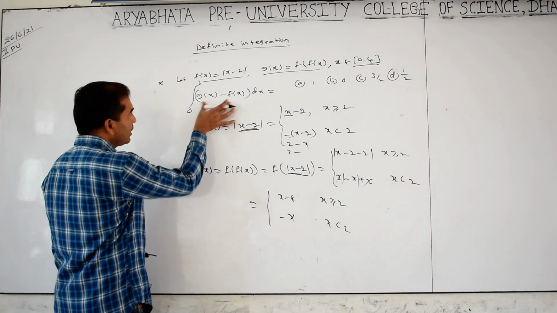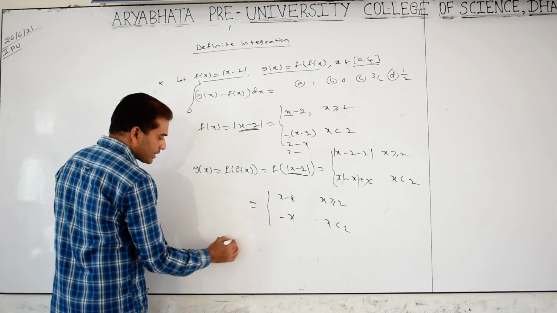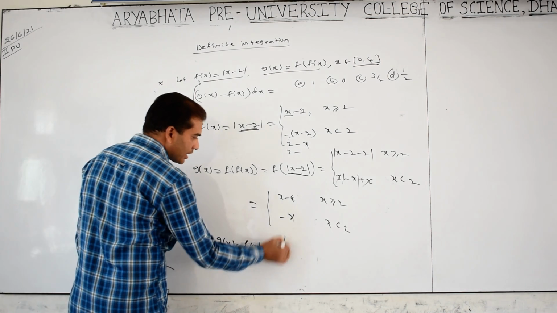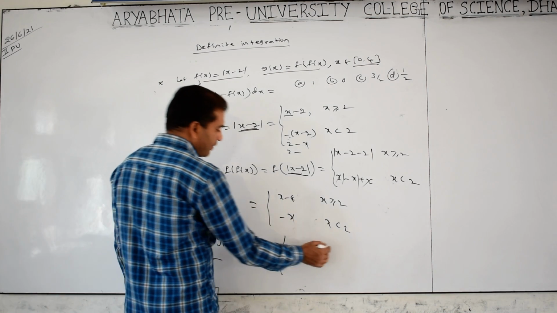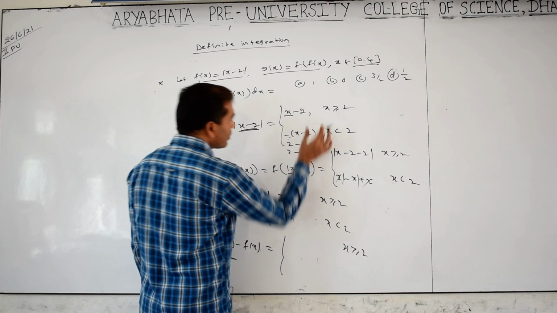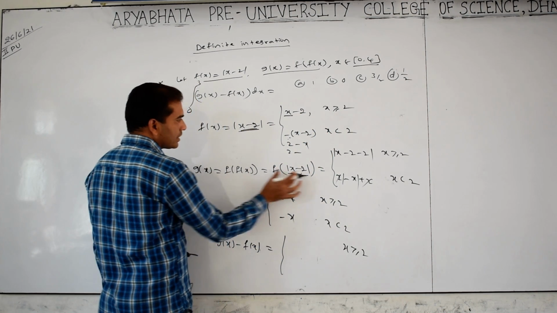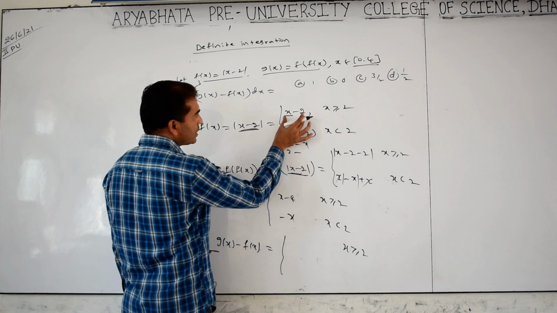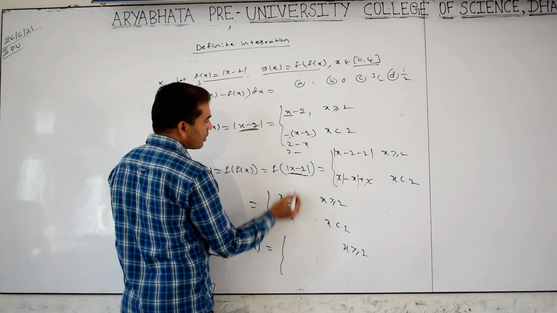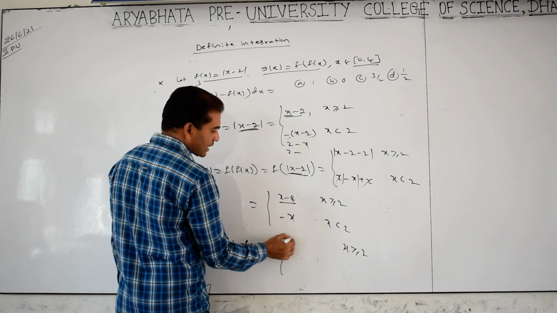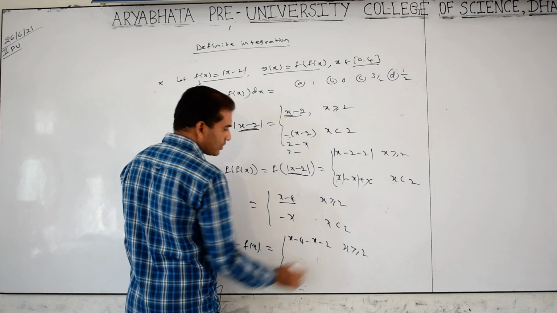So subtract here, g of x minus f of x. Above 2, g of x is x minus 4 and f of x is x minus 2, so x minus 4 minus x minus 2. The x gets cancelled, minus 4 minus 2 is minus 6 for x greater than 2.